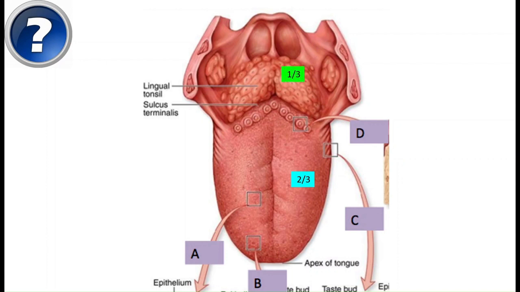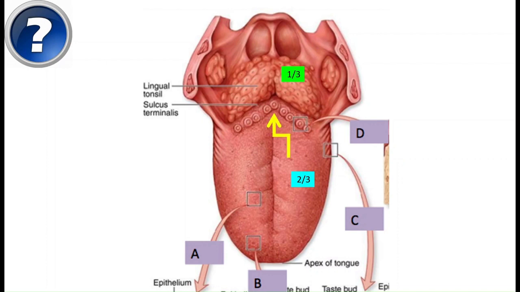And then the posterior 1/3 of the tongue, which is in the oropharynx, has its own appearance, and this part of the tongue contains many lymphoid follicles, and it can be rightly called the lingual tonsils. And you know from your hemolymphoid system what a tonsil is.